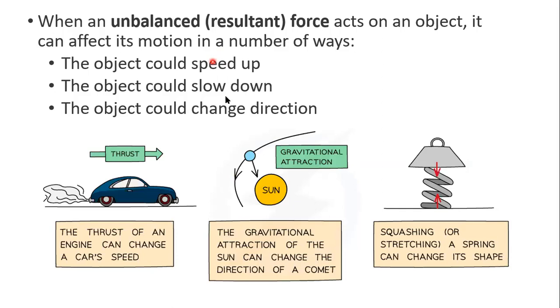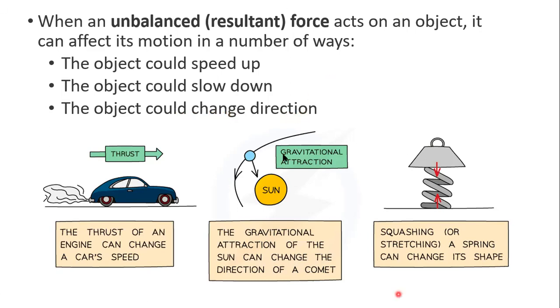And now, let's see what happens when we have unbalanced forces, or a resultant force that is not zero, acting on an object. The effect is going to be in one of these ways: the object can speed up, slow down, or change direction.